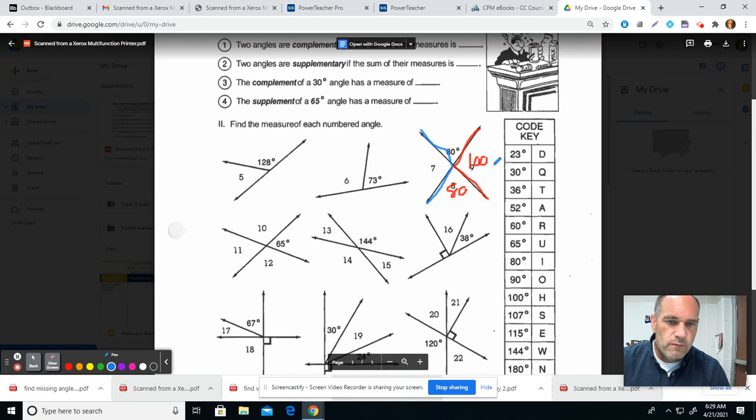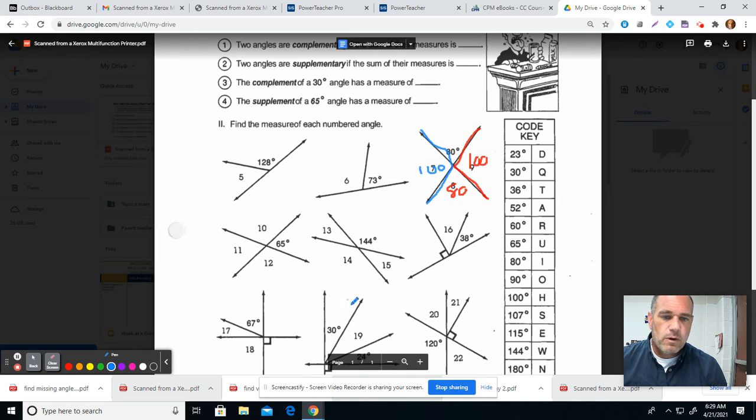So these are called vertical angles, and vertical angles are always equal. So if this is 100, that also has to be 100. Now notice what happens here. Notice how these two angles give us a straight line. All right, if I were to take this out, there's your 180 again. If I were to take this out, there's your 180. So we're back to this idea that straight lines equal 180 degrees.